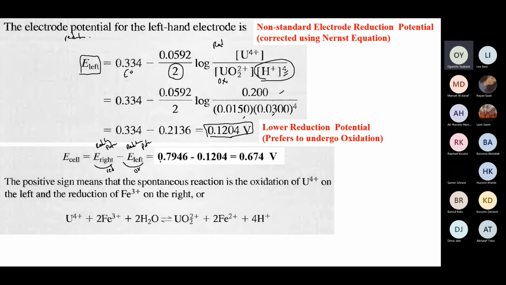All right, so we have E of the Fe minus the E of the uranium corrected. We get an overall potential, which is positive. Are we clear on how to get the E of the cell from two corrected reduction potentials?